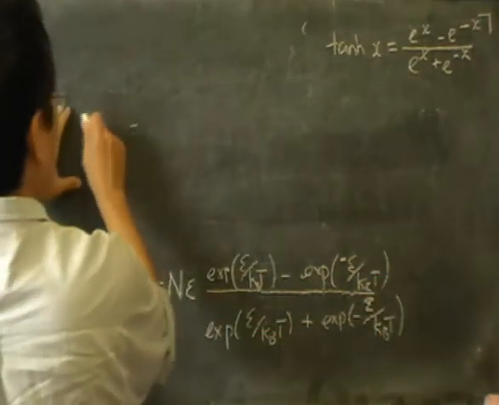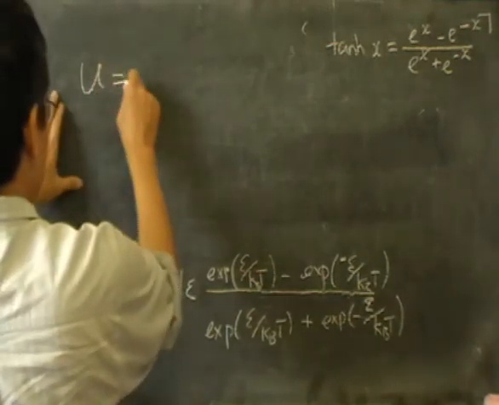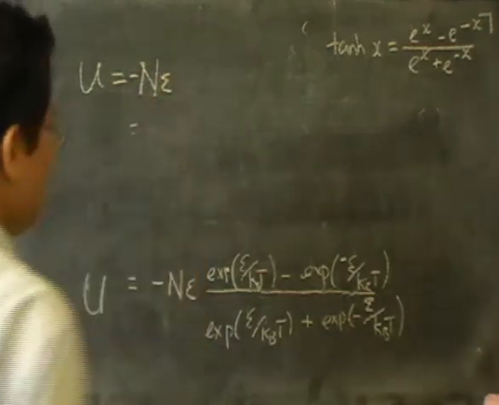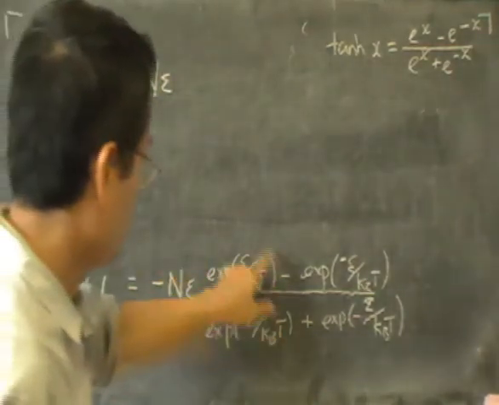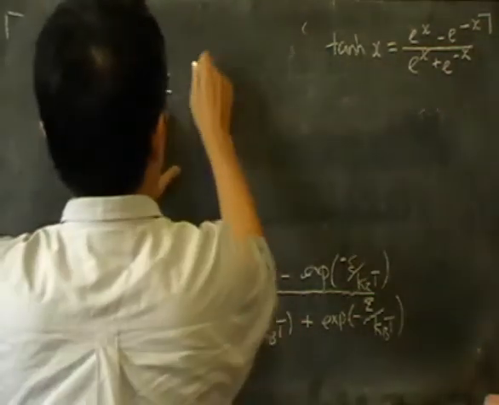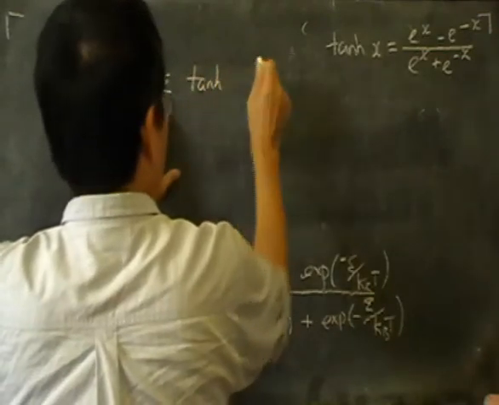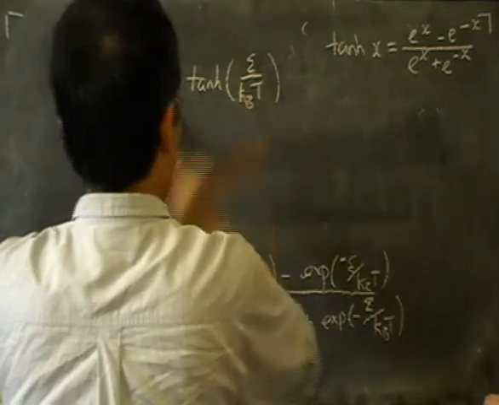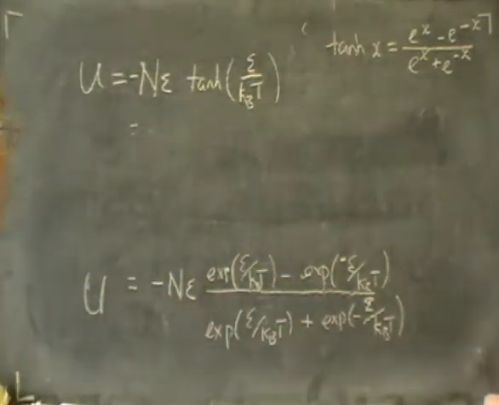Therefore, we have U equal to minus N epsilon and hyperbolic tangent of this argument here. Then we have a much simpler expression now.